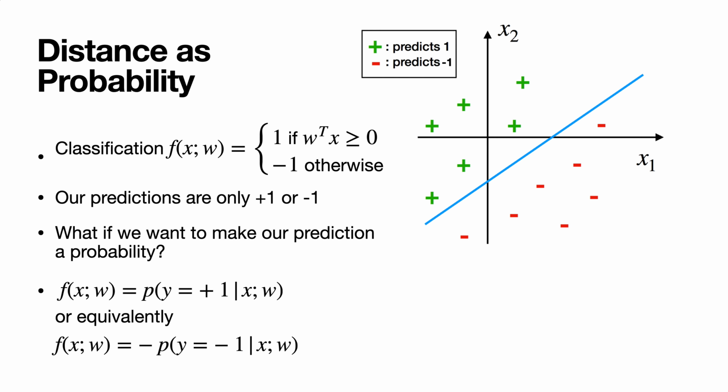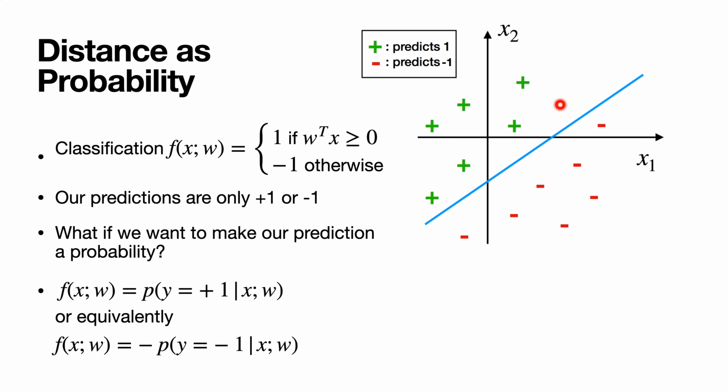Let's take a look. The fundamental concept behind logistic regression is this idea that if we have a data point over here that's close to the decision boundary, maybe we're not so sure what class it is, but a data point way over here that's far, far away, we're very sure what class it is.